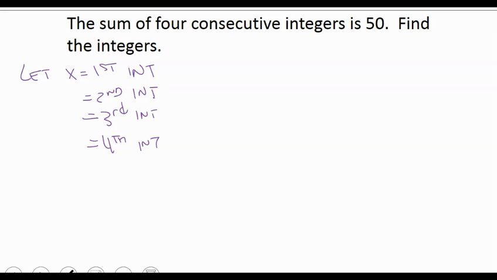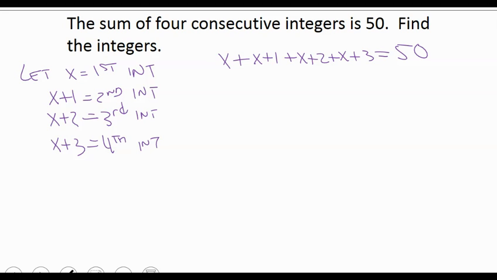So this was consecutive integers. It didn't say even or odd. So to get from one integer to the next, I'm just adding 1. So we have x plus 1, x plus 2, and x plus 3. So now I'm going to add those up, and they equal 50. So now what I'm going to do is combine my x's, that's 4x, combine my numbers. 1 plus 2 plus 3 is 6, and equals 50.